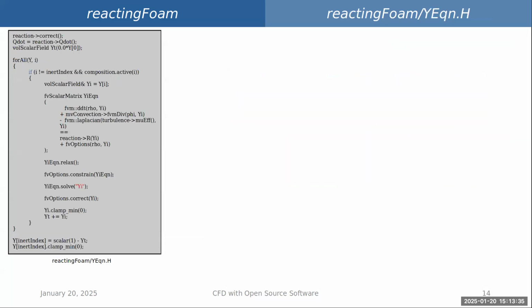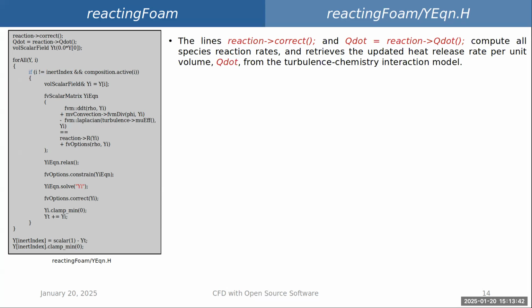Here is described in more detail the YEqn.H header file. The line reaction->correct() computes all species reaction rates, while the Qdot equals reaction->Qdot() retrieves the updated heat release rate per unit volume from the turbulence-chemistry interaction model that you've chosen.